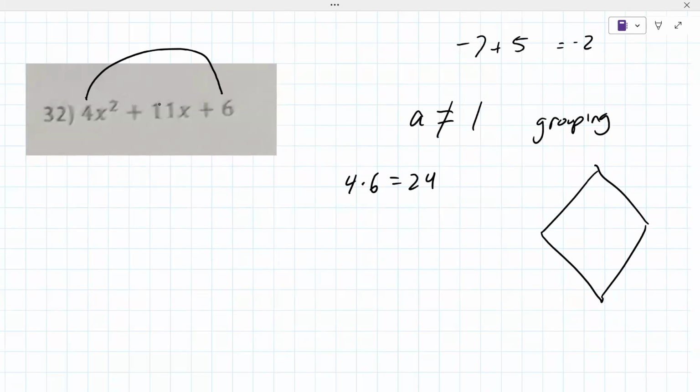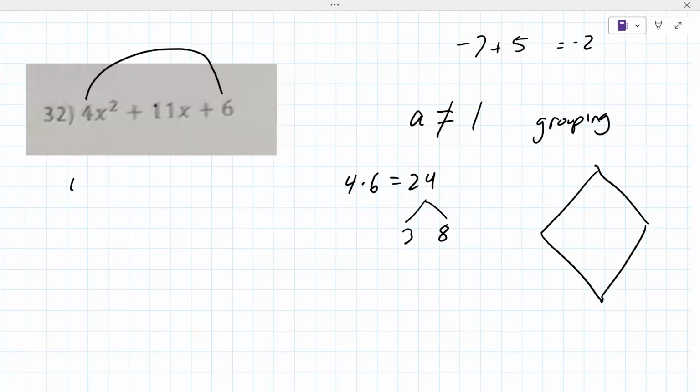I think sometimes they do that in the classroom. But I'd like you to come up with those two numbers that multiply to 24, but add to 11. 3 and 8.